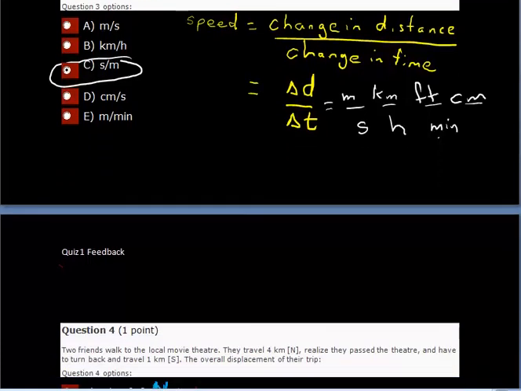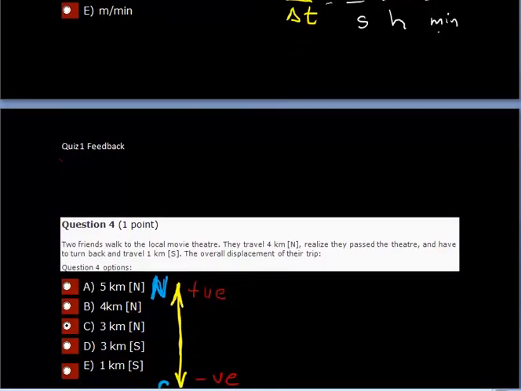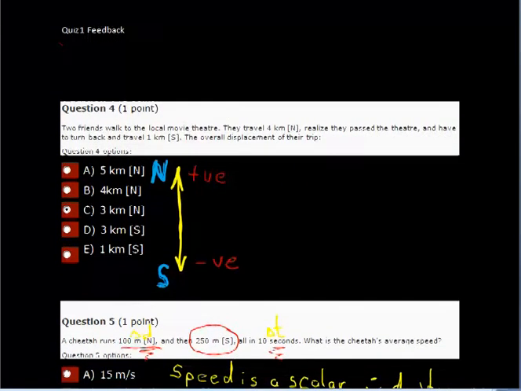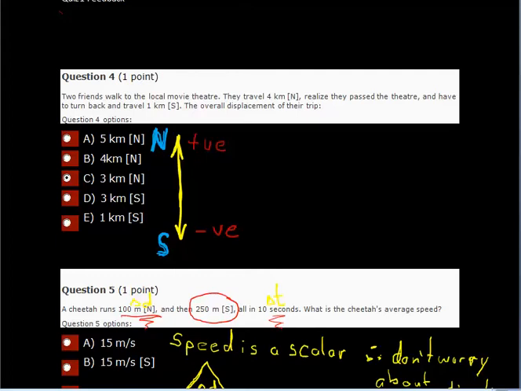Okay, question number 4. Question number 4 says that 2 friends walk to the local movie theater. They travel 4 kilometers north and realize they passed the theater and have to turn around, and they travel 1 kilometer south.